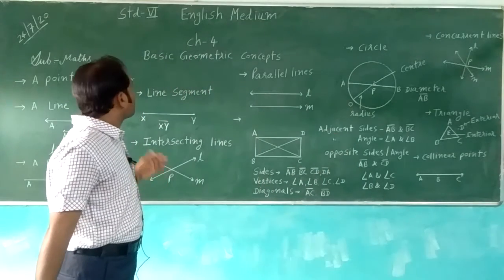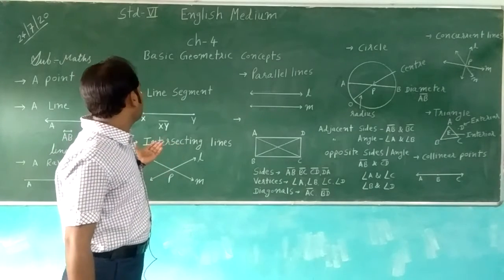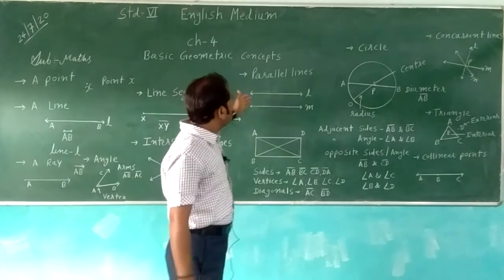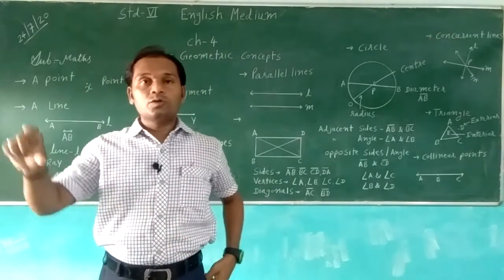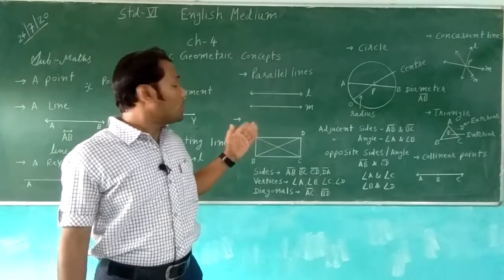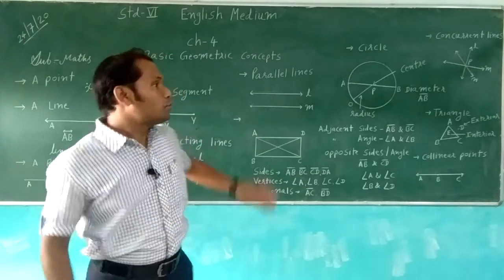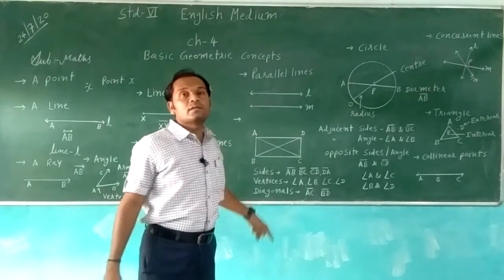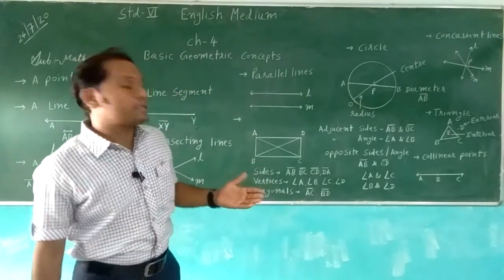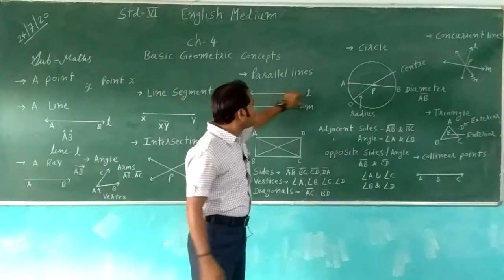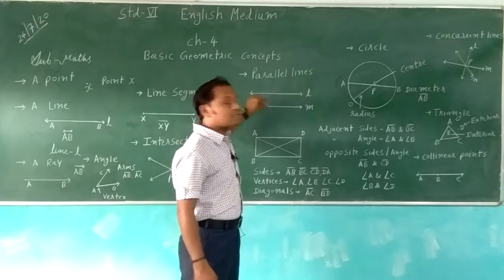Next thing we will see is parallel lines. Two lines are called parallel lines if they go together but never meet with each other. You can see both the lines are going in one direction together with the same distance.